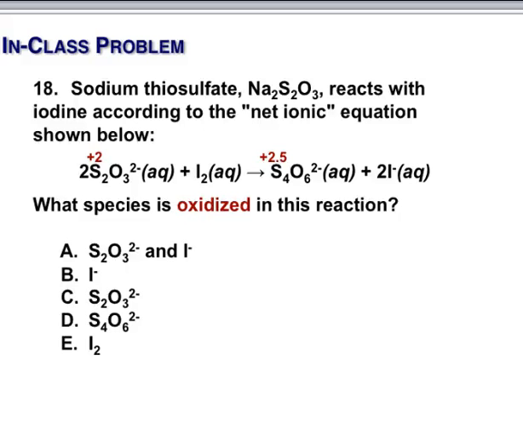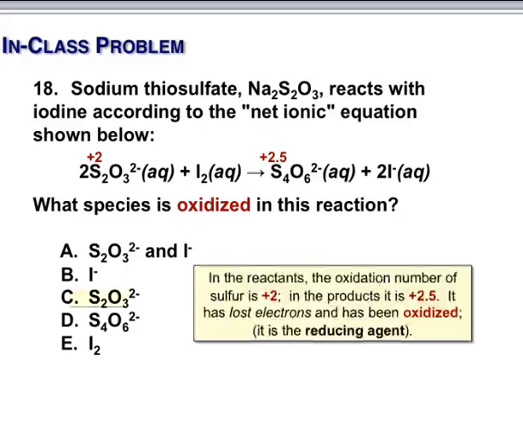If it loses an electron, it is oxidized. Remember the really confusing nomenclature. If this is oxidized, that makes it the reducing agent. It's the thing that does the reducing.